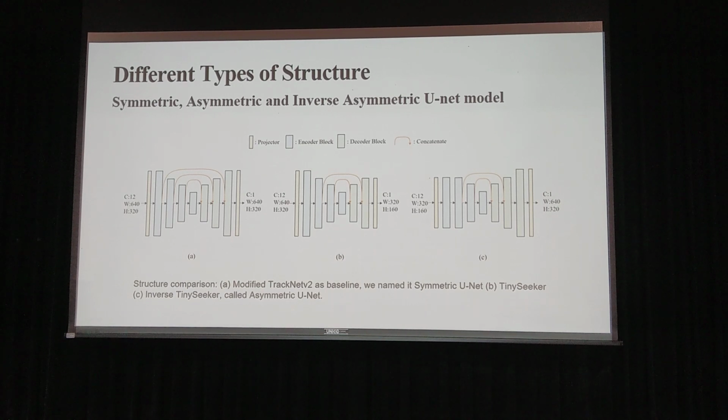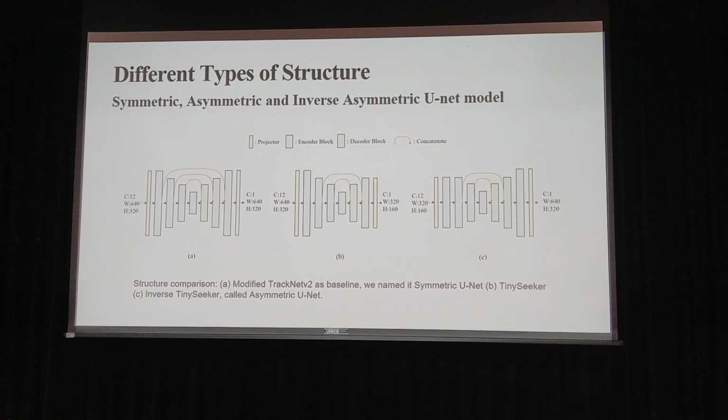In contrast, Figure B depicts the architecture of TinySeeker, which maintains the same input dimensions as the symmetric one, but differs in terms of the output. In TinySeeker, the height and width of the output heat map are halved compared to the original dimensions. This design significantly reduces computational requirements while retaining the same input resolution.